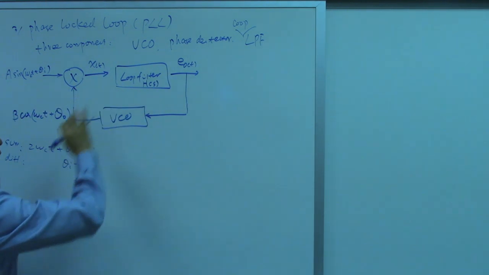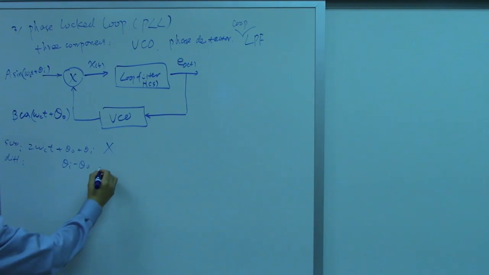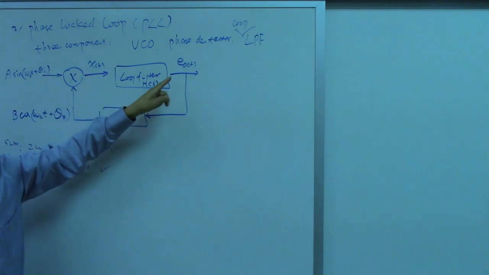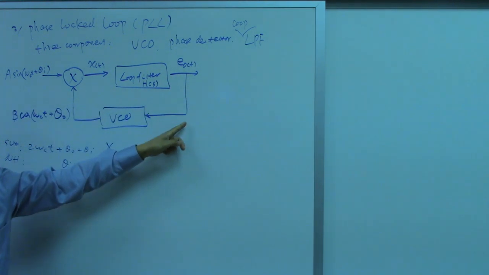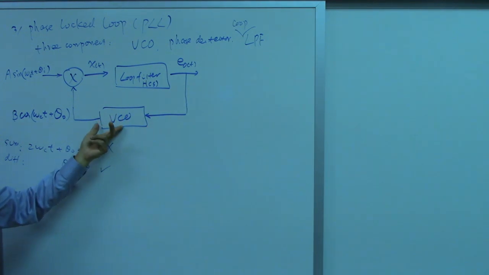Then we have a loop filter. The loop filter is a low pass filter, so this term will be gone, and we have only this left. That means if we have a phase difference at the input, then we are going to have some output here. This is used as the externally applied voltage to control the oscillating of this VCO.